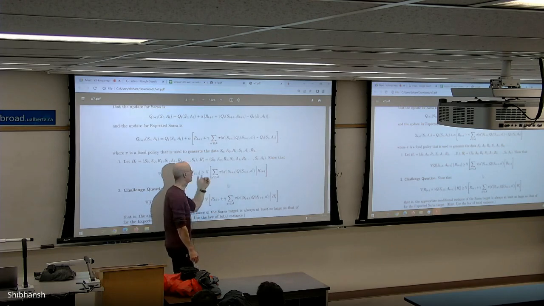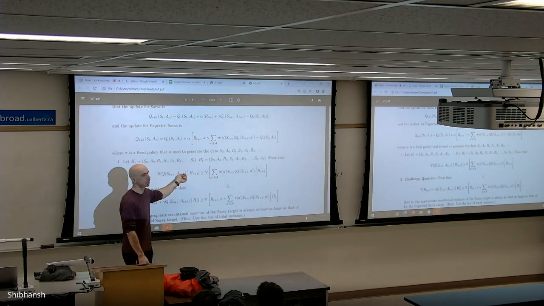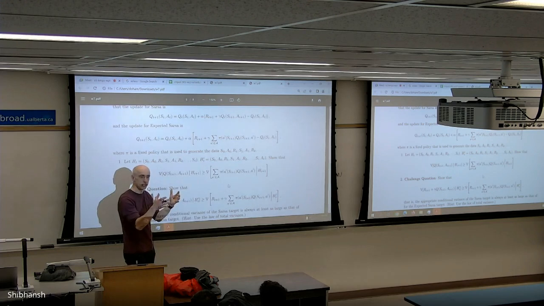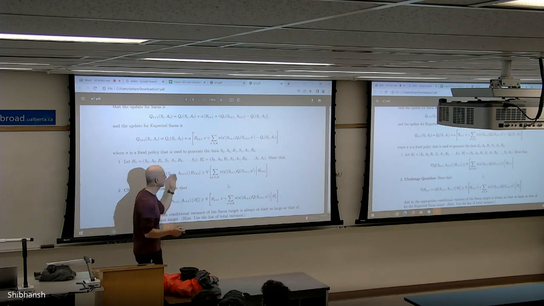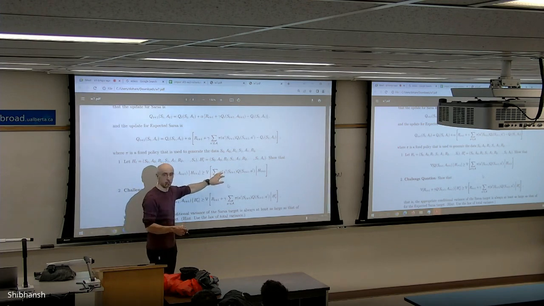Why is that enough? Because we know that the variance is definitely non-negative because it's the expected value of non-negative values. Why is the expectation non-negative? Because we are squaring things, so those are non-negative values. So the variance surely is at least 0. So if we show that this is 0, we are done.